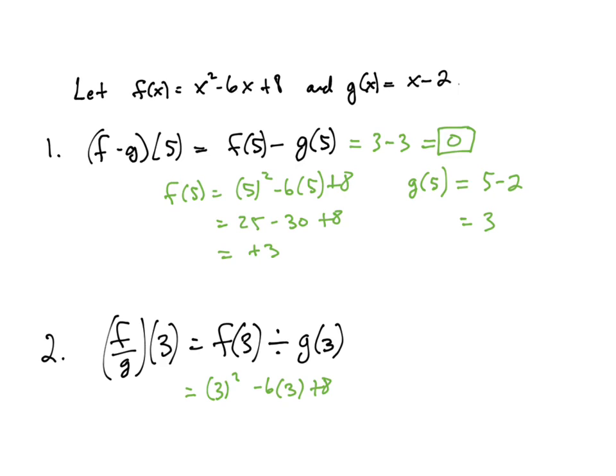We get negative 1 here. So that's f of 3. And then g of 3, we have 3 minus 2, so that's just 1. So putting this together, we'd do negative 1 divided by 1, which is negative 1.